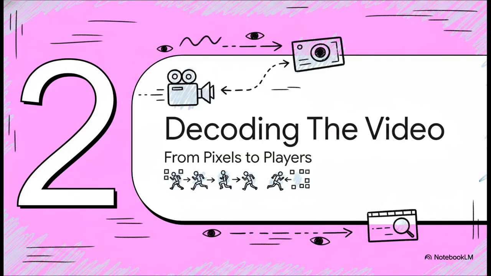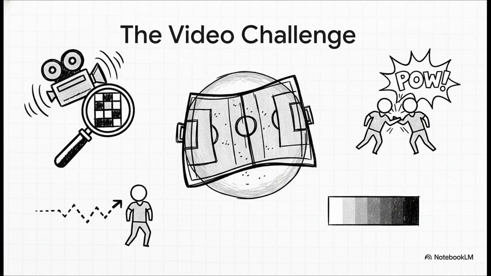Well, the very first hurdle was just seeing. How on earth could a computer track a bunch of tiny, blurry shapes when the video quality is low and the camera is flying all over the place? I mean, look at this list of challenges. The camera is constantly panning and zooming. The resolution is so low that players are literally just 10 by 10 pixel blobs.